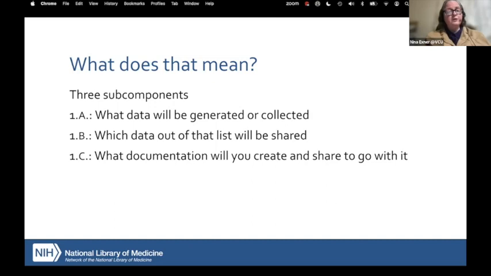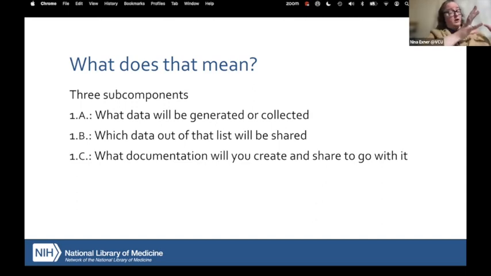First, what data is going to be generated or collected, or if it's purely secondary analysis, like a Medicaid or Medicare data set deep dive analysis, what data is going to be secondarily created. Second, out of 1A, the data that will be generated, which data is going to be shared?